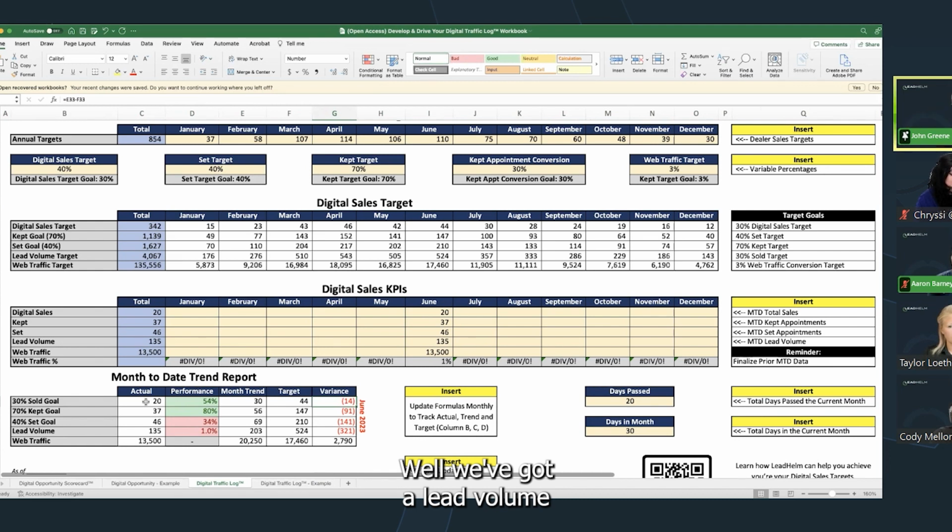Well, we've got a lead volume situation. We have 13,500 website visits, but we're only capturing 1% as leads. And then once we capture that lead, we've got a little bit of room. We've got a 6 percentage point delta in our set goal of 40 and our actual of 34.